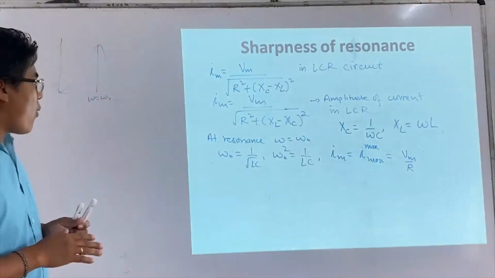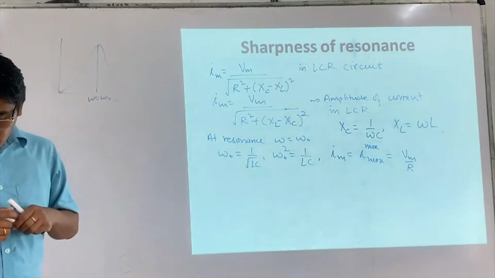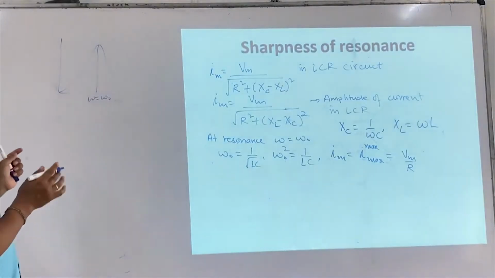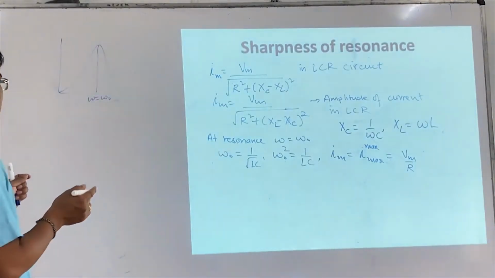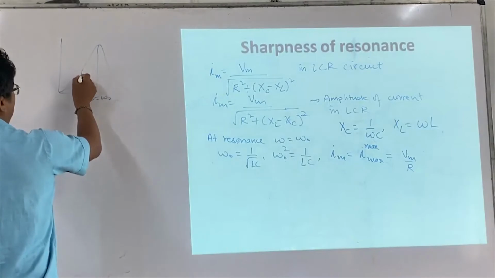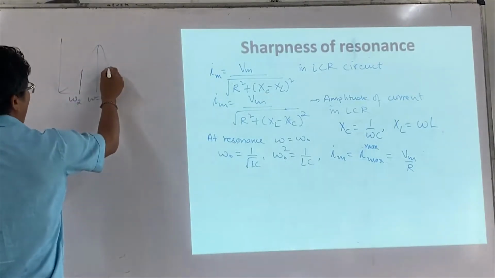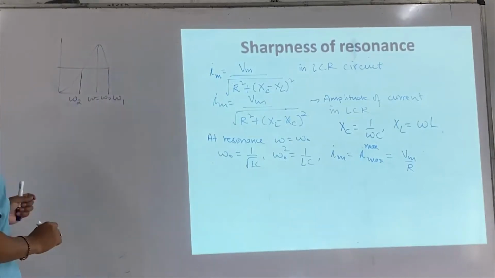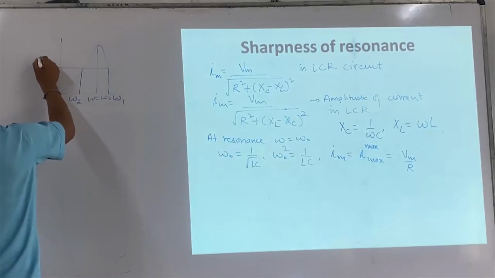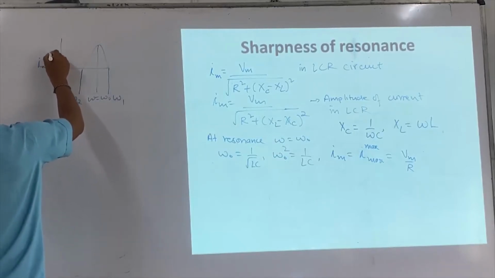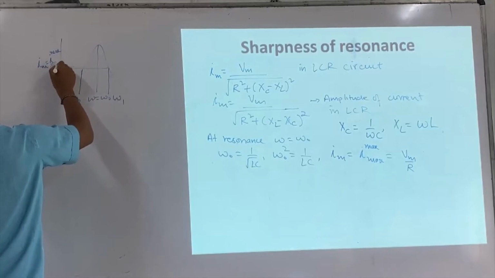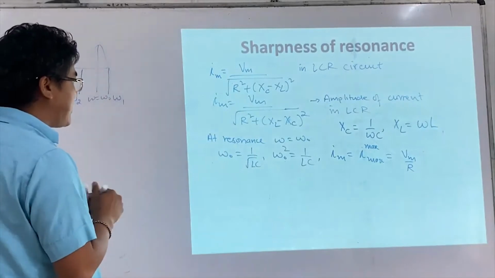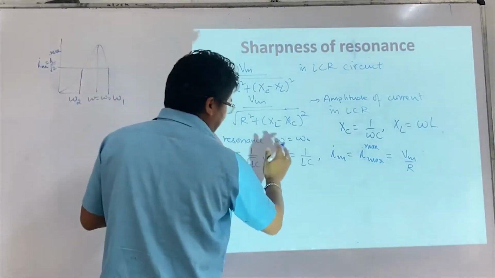Now what we would like to study is this: I would like to choose two frequencies. This is frequency 2 and this is frequency 1. At frequency 1 and frequency 2, the amplitude of current is going to be Im by root 2. So this is at resonance.